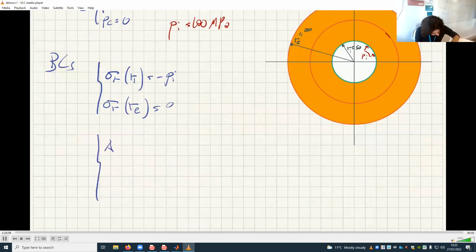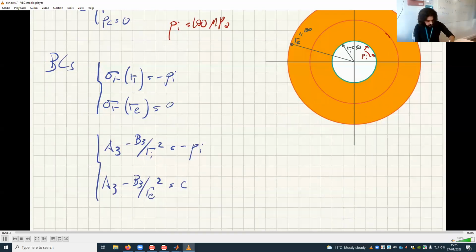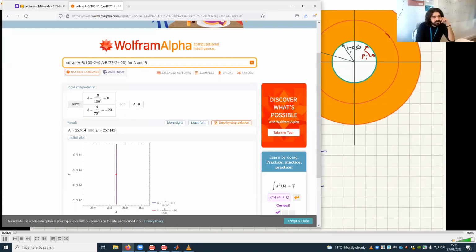So A3 minus B3 over Ri squared equals minus Pi. A3 minus B3 over Re squared is 0. And so if you solve these, you get A3 equals and B3 equals. These numbers are solver. So A minus B over Ri, Ri was 50, is equal to minus 100.